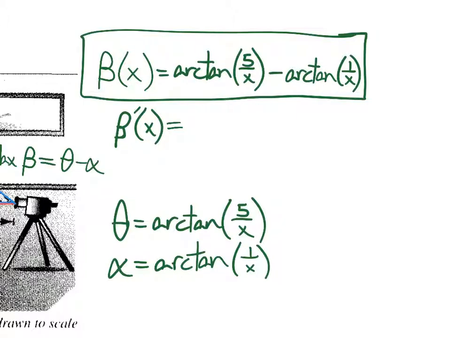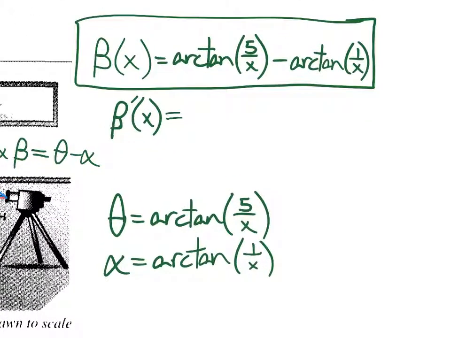So with this first one here, u is 5, I'm going to write that as 5x to the negative 1. U prime is going to be negative 5x to the negative 2. Okay, and u squared is going to be 25 over x squared.